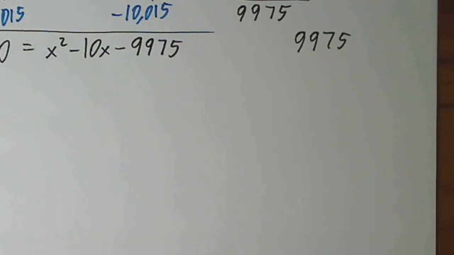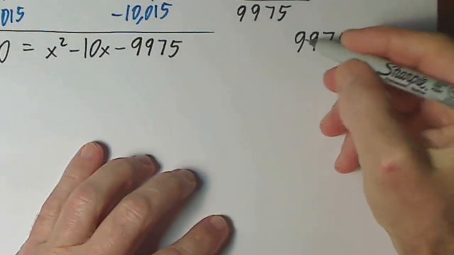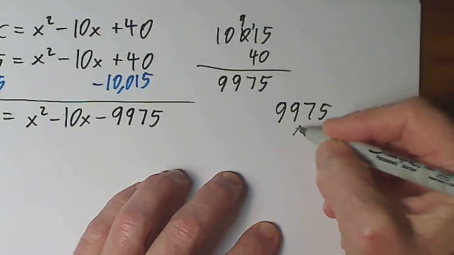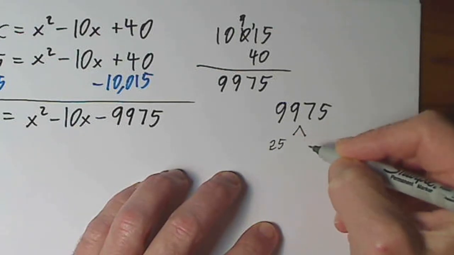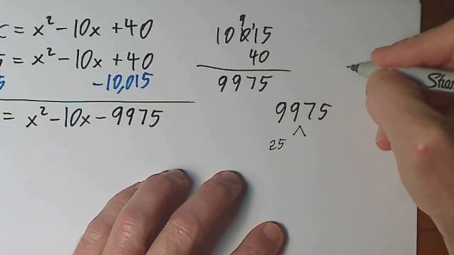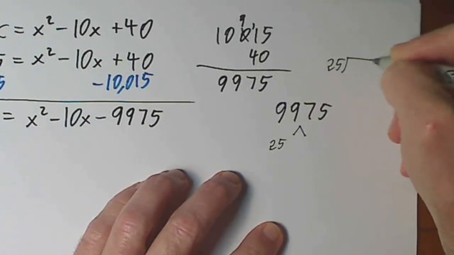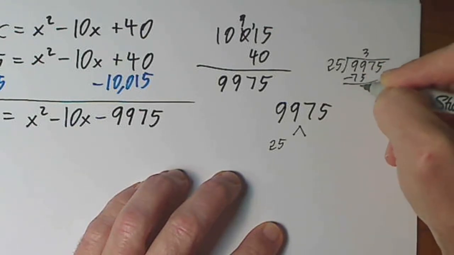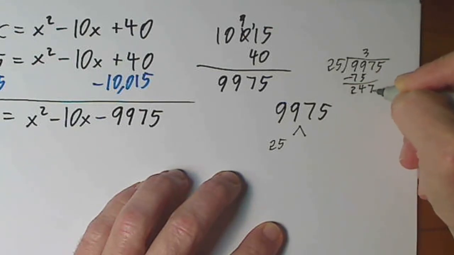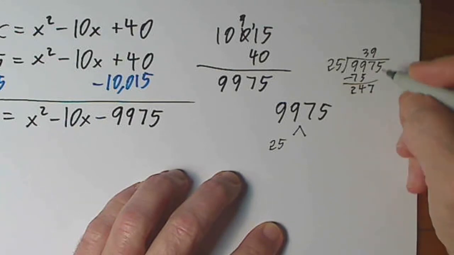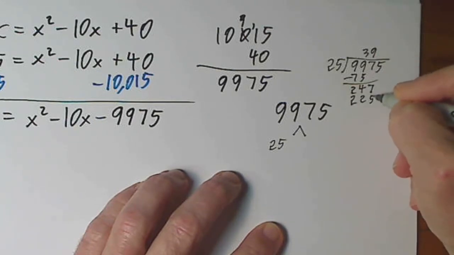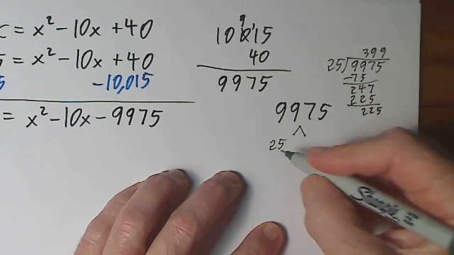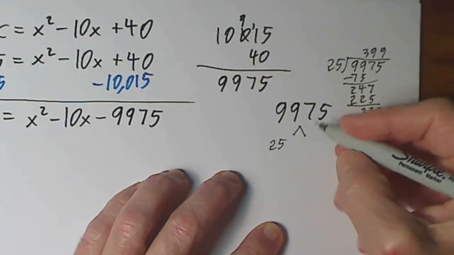So I know I can have 25 times something and it will work out. 25 into 9975 goes in 3, bring down your 7, it's going to go 9 times, and that'll be 225, and again 9 times. So 25 times 399 is 9975.